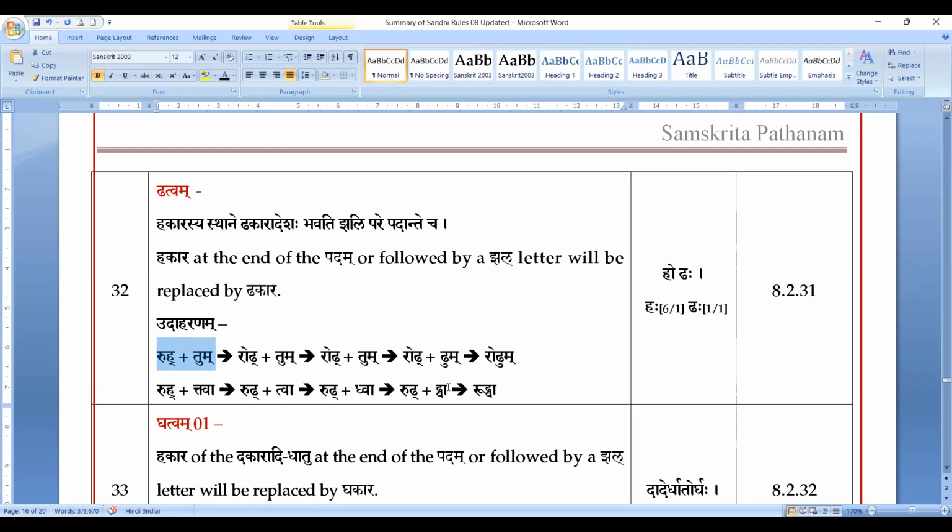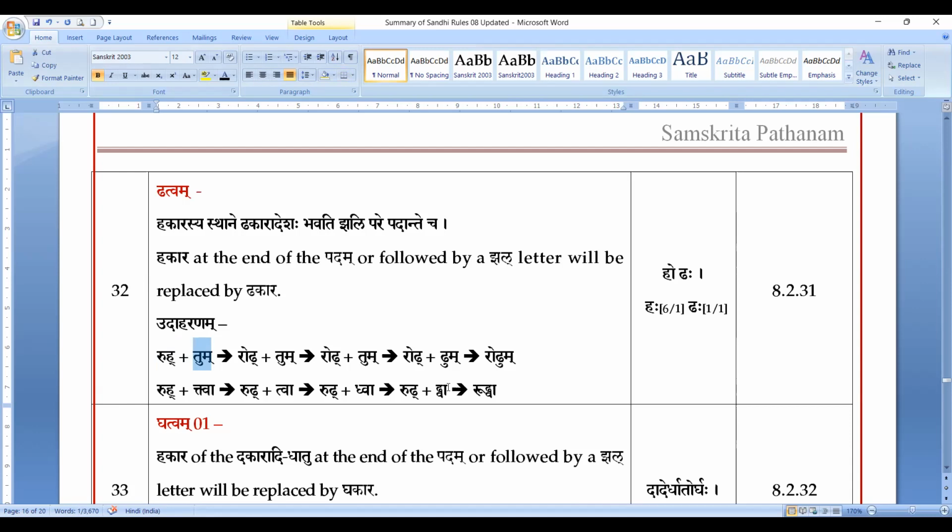We are doing sandhi. So ruh plus tum. We are deriving an indeclinable by the addition of the tum pratyaya to the dhatu. Sandhi only we are interested in, so focus on that alone. What pratyaya is tum pratyaya? Sarvadhatukam or ardhadhatukam?